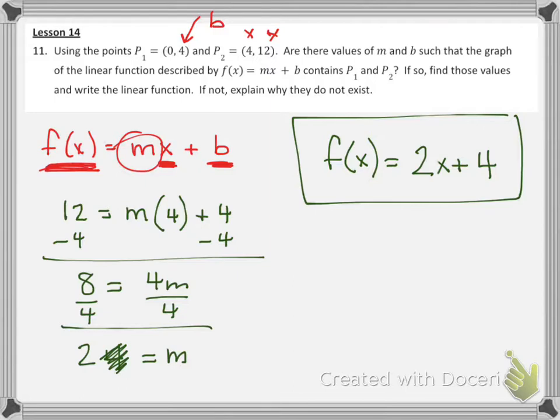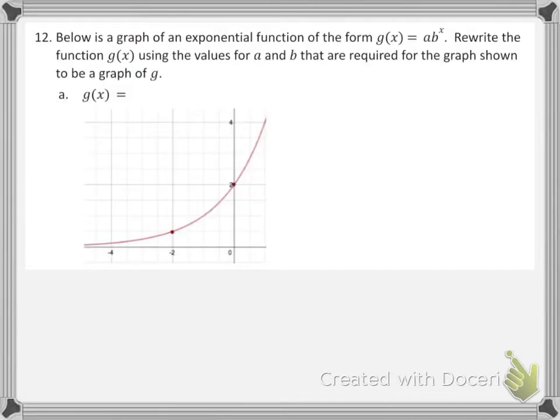There we go. All right, last one is the exponential. And remember, this is going to be g(x) is equal to a times b to the power of x. Remember, a is our first term, and our first term is defined by our y-intercept. When x is 0, what is y? Well, it's 2. So our a value is 2. Now, the b value is our common ratio.